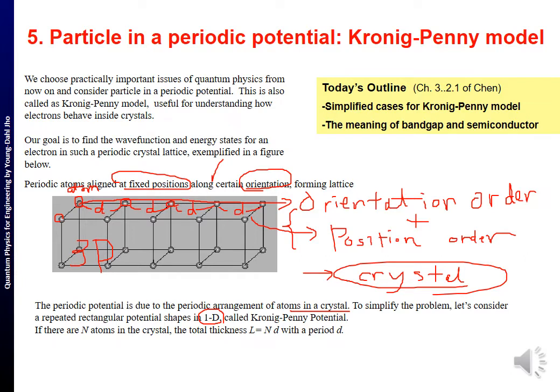If there are n atoms in the crystal, the total thickness L is equal to nd, with a period d, and this d is also named the lattice constant.